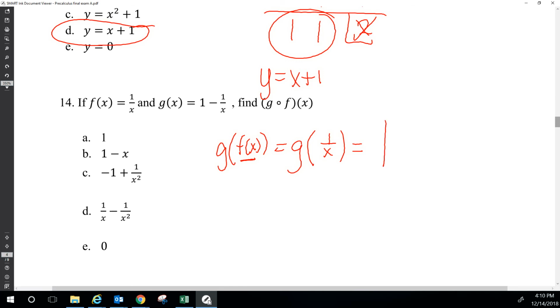So this is 1 minus 1 over, not x, but 1 over x. And if I've got 1 divided by 1 over x, I'm going to multiply by the reciprocal, which would be x over 1. So this ends up being x here. So this is just 1 minus x, and our answer is B.